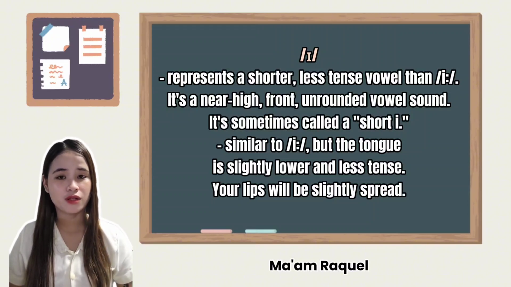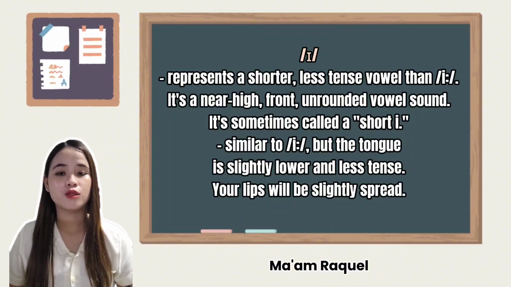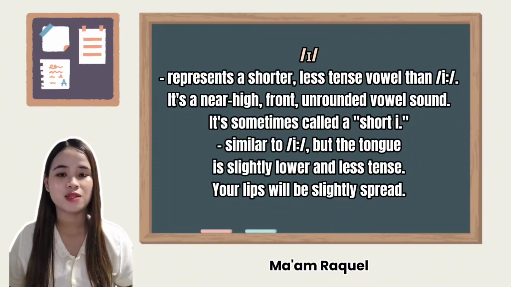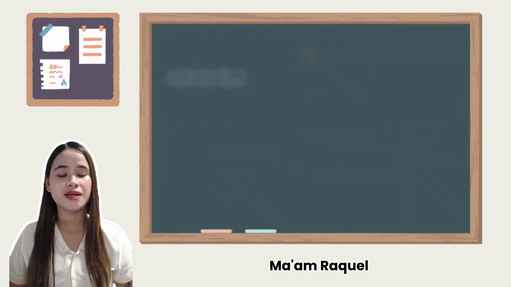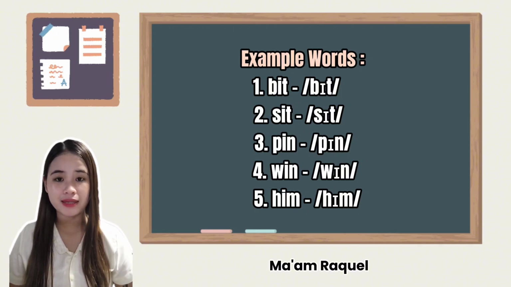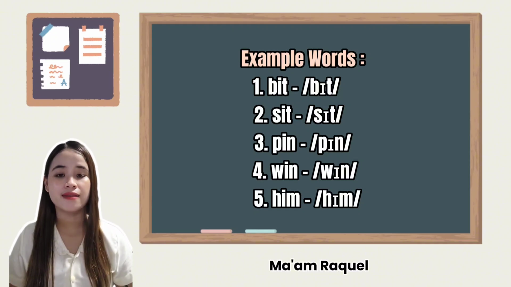It's sometimes called a short E. This is similar to another E, but the tongue is slightly lower and less tense. Your lips will be slightly spread. So these are the examples of this sound, including its IPA transcriptions. Number 1, beat, sit, pin, queen, and him.